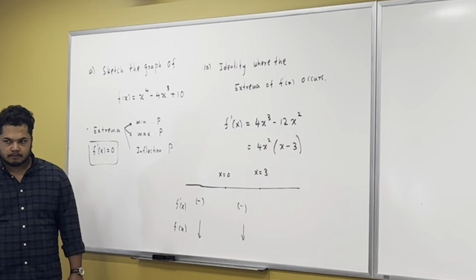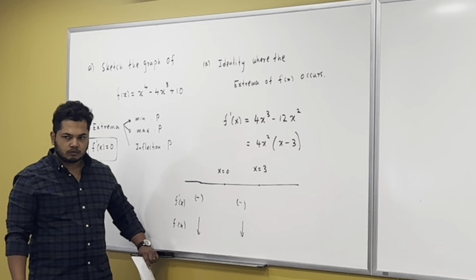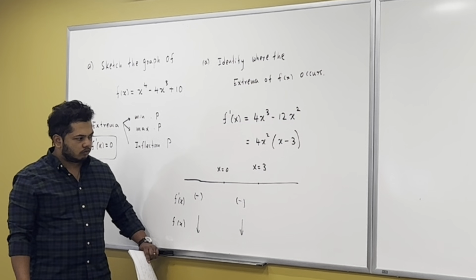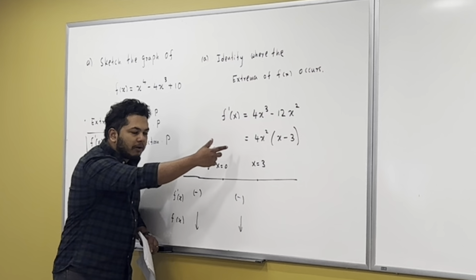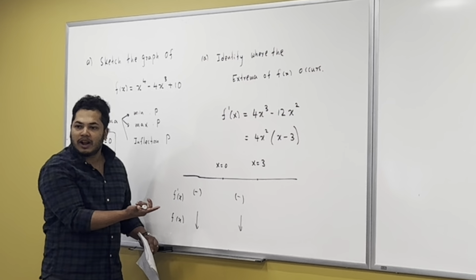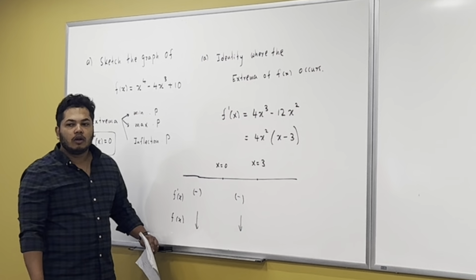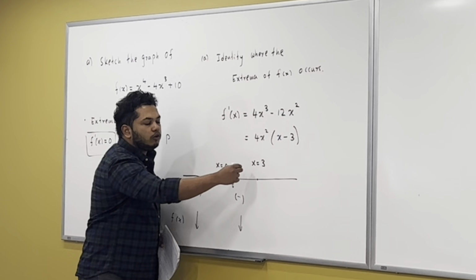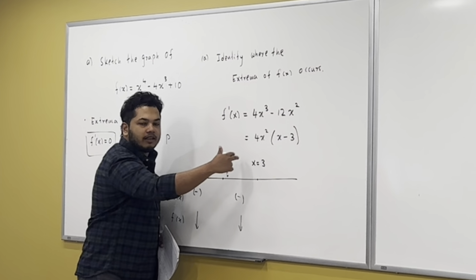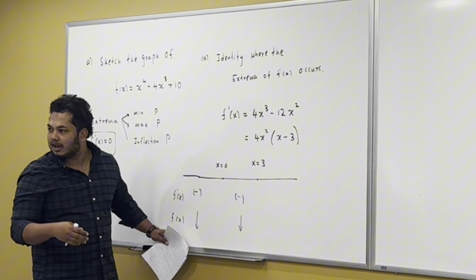Clear? You can only plug in 1 and 2 there, right? You can't plug in 0 or 3. You can plug in 0, but the derivative is 0 at that point. Same if you plug in 3, it gives you 0. You need to plug in something more than or less than to figure out what's going on in between.